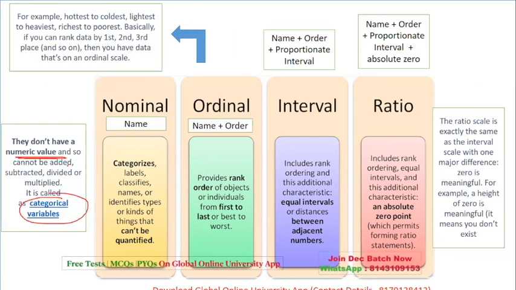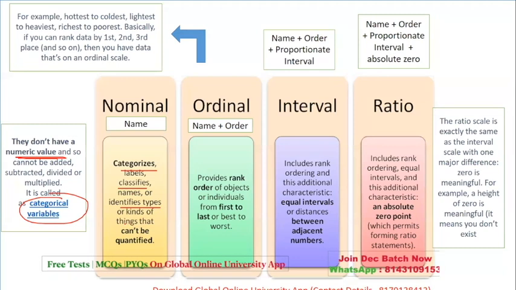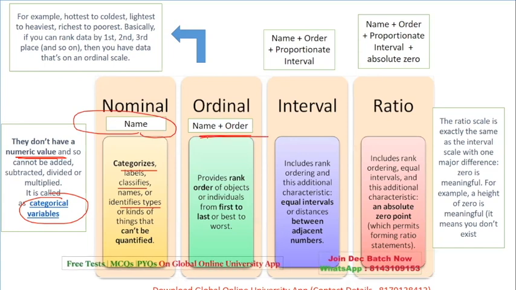There is no numeric value, just labels, names, classification in the form of types and kinds. Ordinal is in the name and order form, which provides the ranking, from first to last or best to worst. So the ranking is given in the form of first, second, third, highest, lowest. It is just the name and the order that is mentioned.